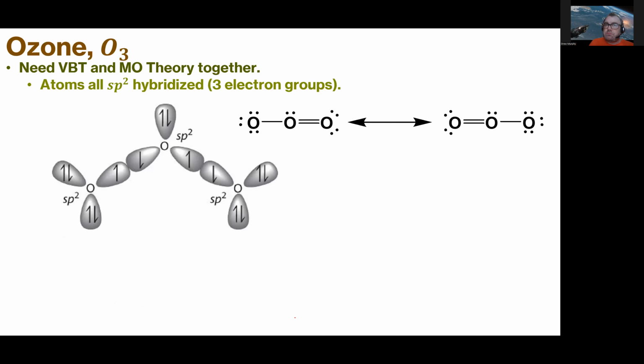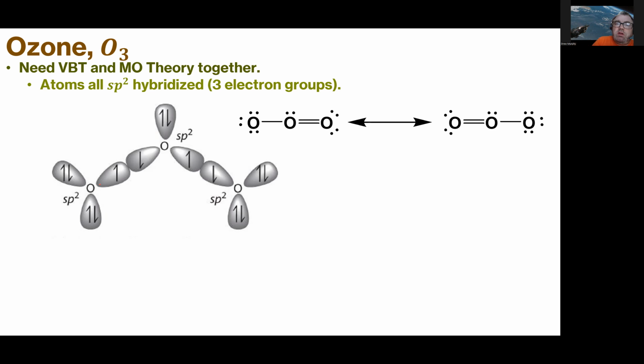Now what's happening here is we need to look at compounds through the glasses of valence bond theory and molecular orbital theory at the same time. Since every oxygen in ozone has 3 electron groups, we're going to say that every oxygen in ozone is sp2 hybridized. What that does is it lets us explain some stuff.